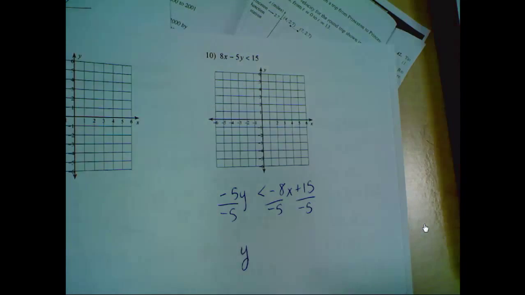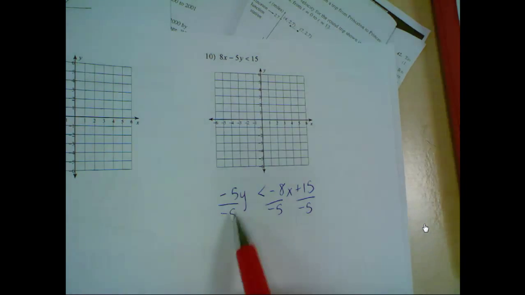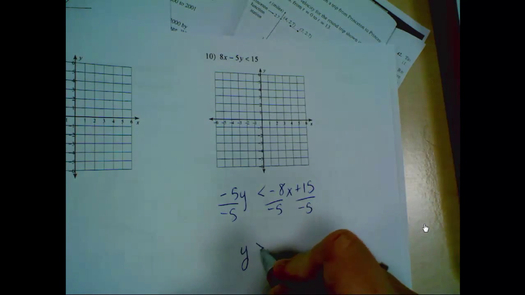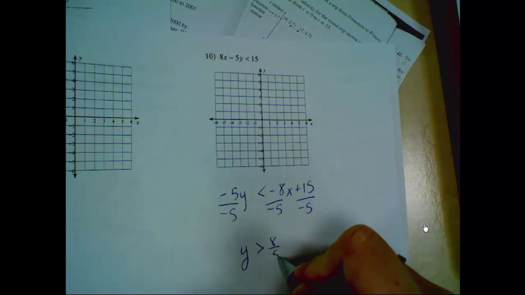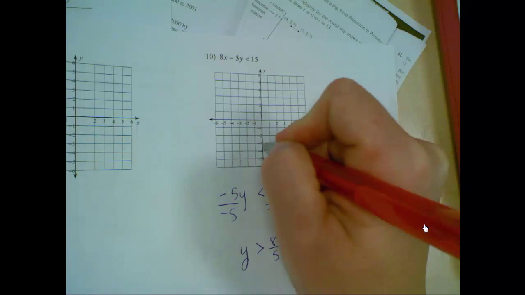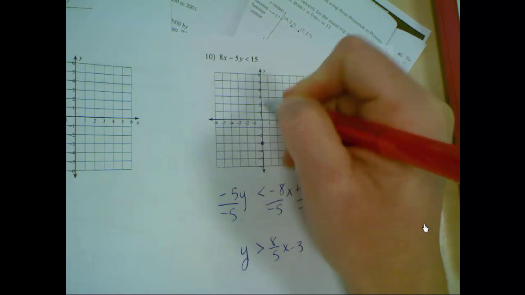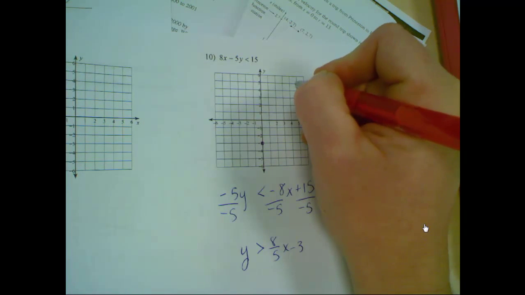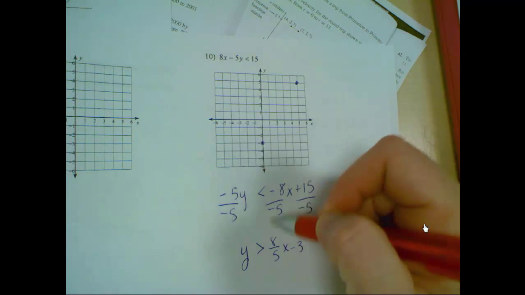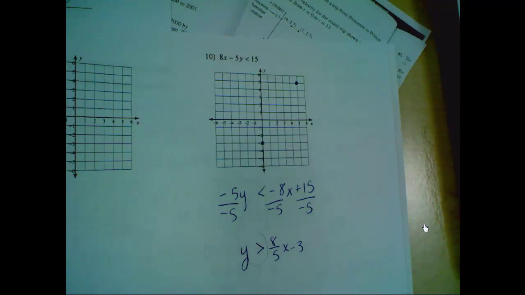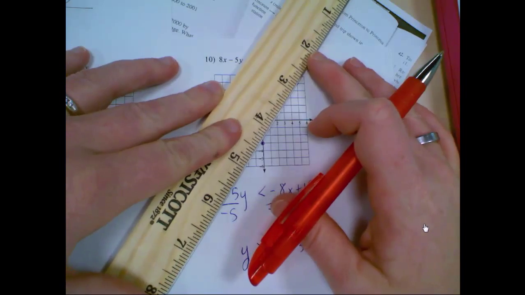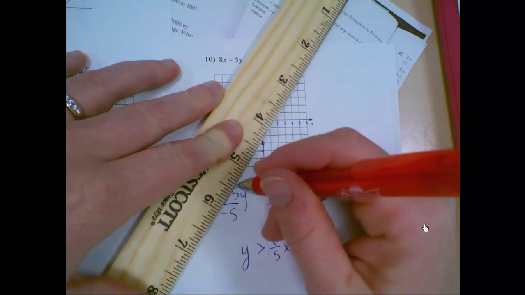Hopefully you recall that when you divide by a negative coefficient, you flip over the sign. So this becomes greater than 8/5 x minus 3. So I go up 8 over 3, over 5. I'm going to draw a dotted line because it's this symbol and not the symbol with the line underneath. So a dotted line looks like this.